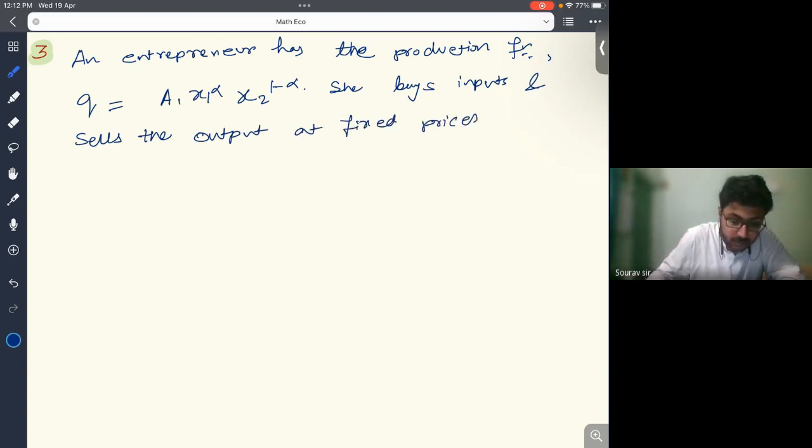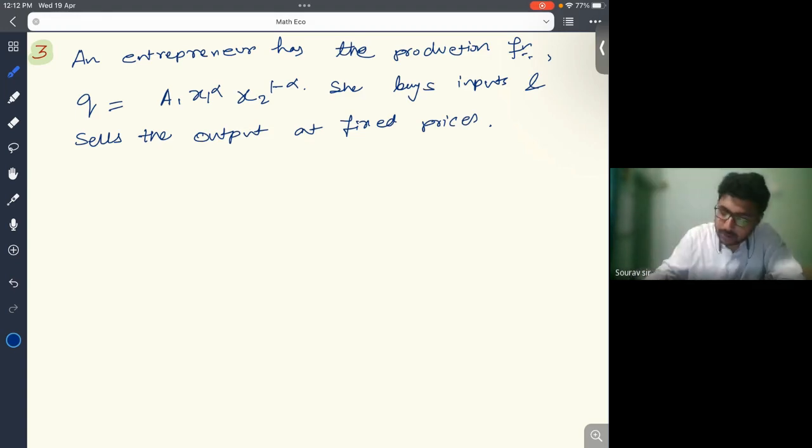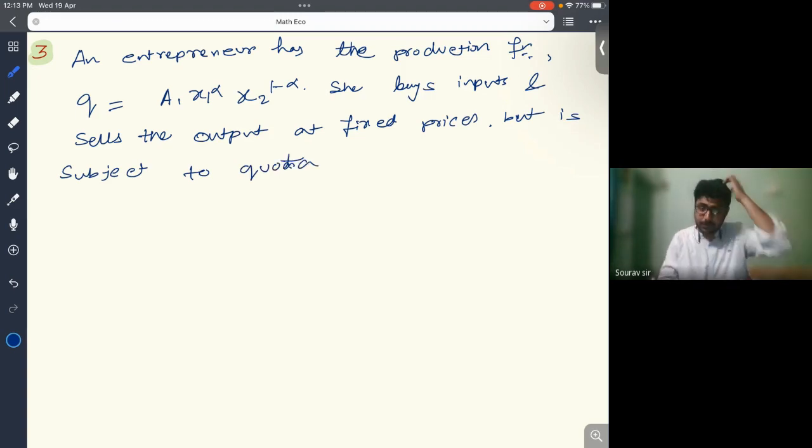But she is subject to a quota which allows her to purchase no more than x1 to the power 0 units of x1.